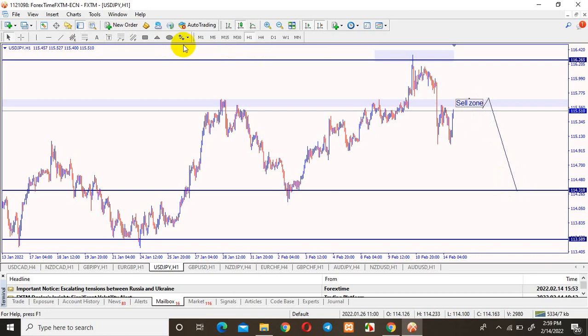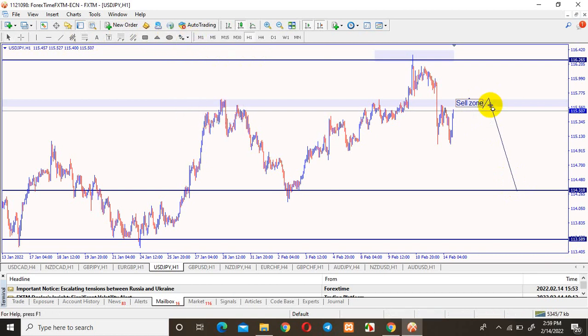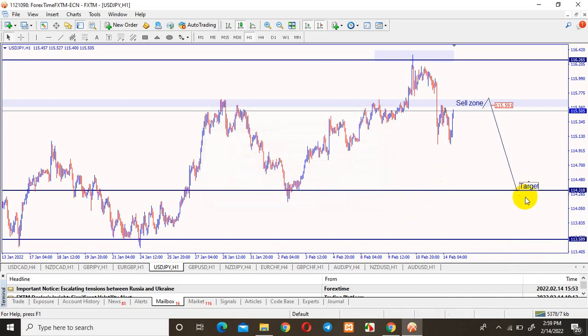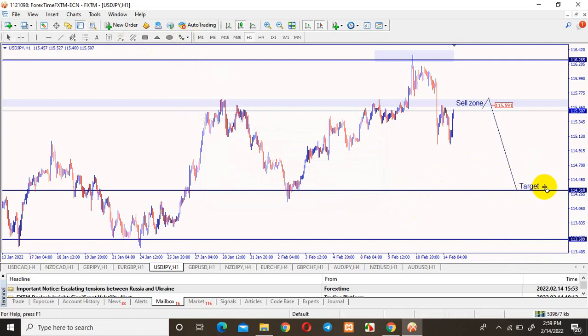So if we are to give it a price tag, we expect price around 115.59. And what is our profit target? First profit target should be 114.737.